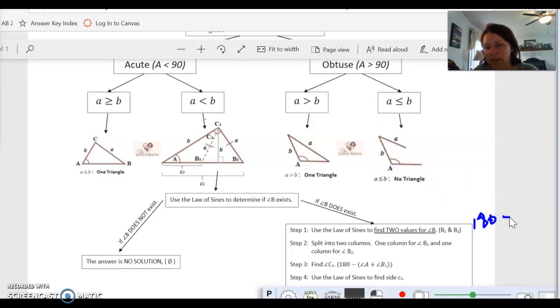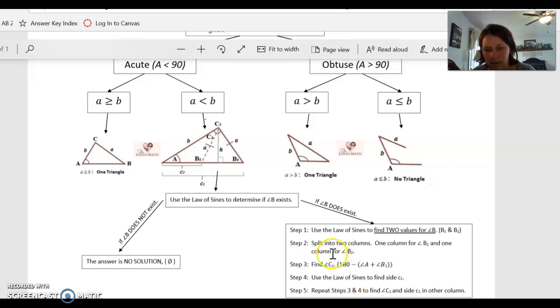Now remember, up until now we've been using radian values, so we've always done pi minus, but if you look at your unit circle, pi and 180 are equivalent to one another. So pi is what we use in radians. When we switch to degrees, we're going to use 180 minus. That also makes sense because that's how many degrees you have in a triangle.